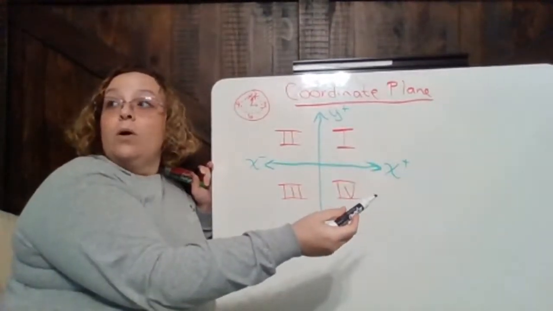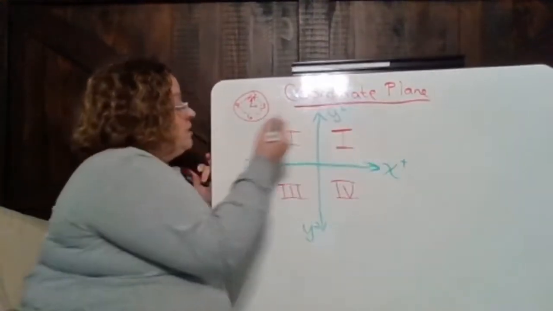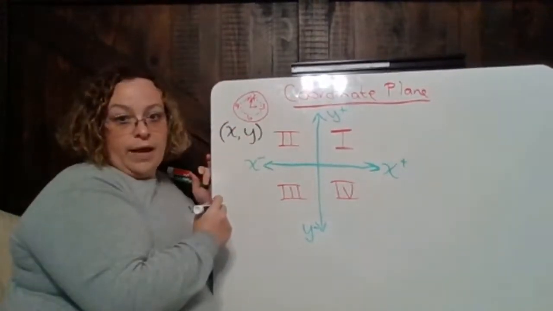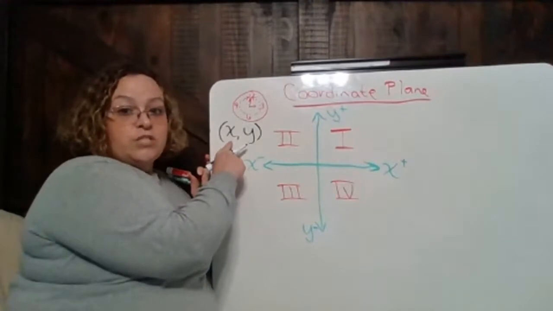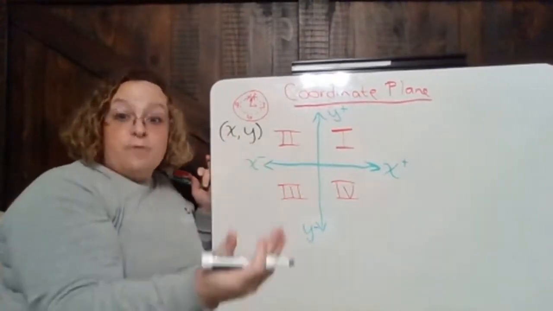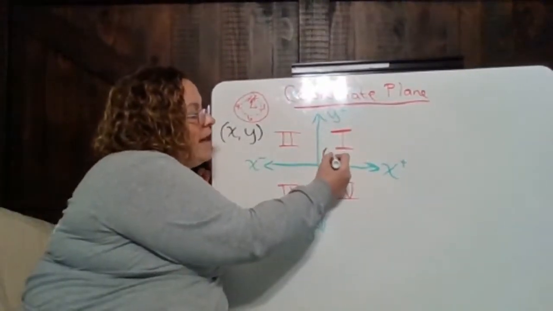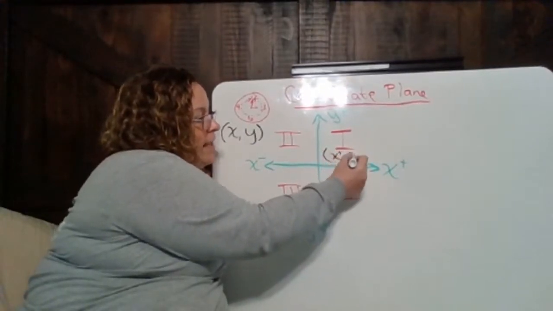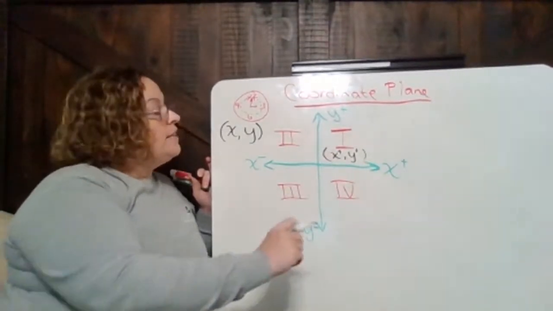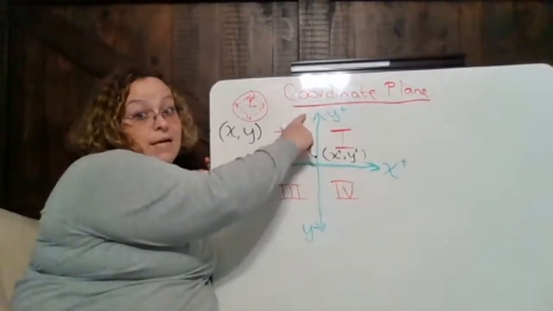Now, an ordered pair looks like this. So you have an x and you have a y. Okay? So x is always first. Think about the alphabet. X comes before Y. Same thing with an ordered pair. So over here, we have an X that's positive and we have a Y that is positive. Okay. Then in quadrant 2, if you look here, my X is negative. My Y is still positive.